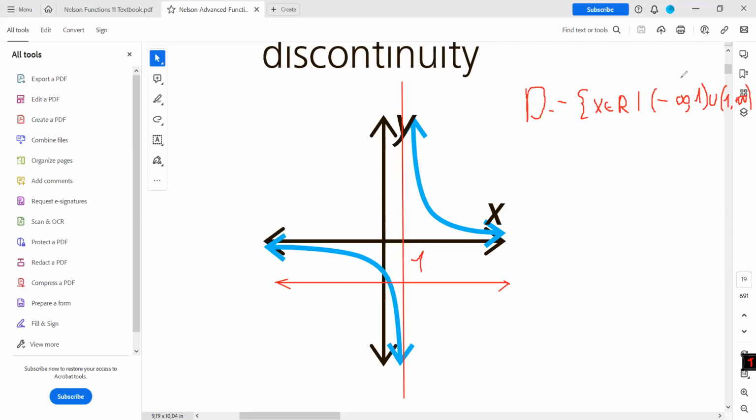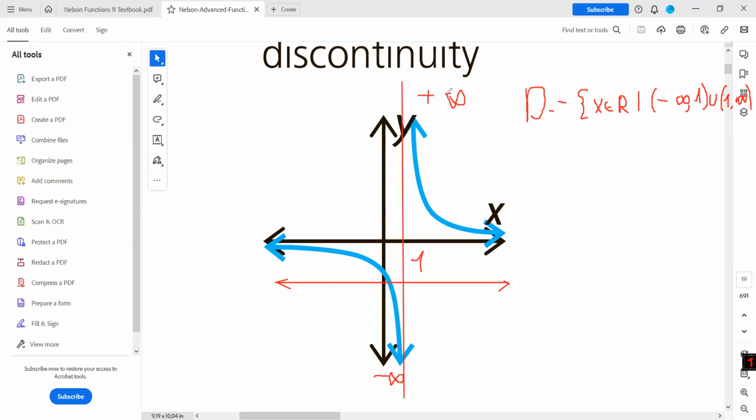And you can see that this function has positive infinity on this end and negative infinity on this end. So as our function approaches this vertical asymptote, that's how we call this type of discontinuity, this is a vertical asymptote, it tends to travel to infinity.